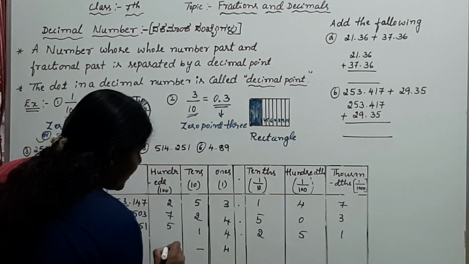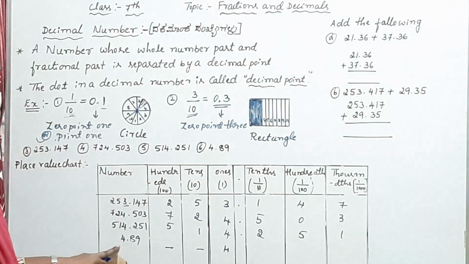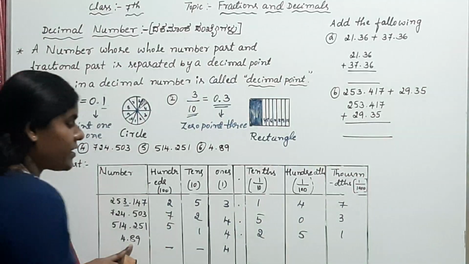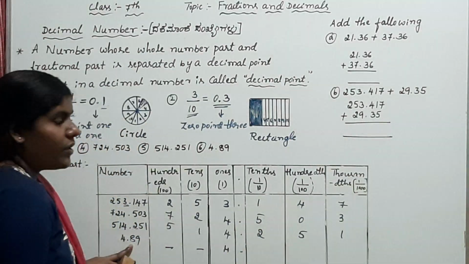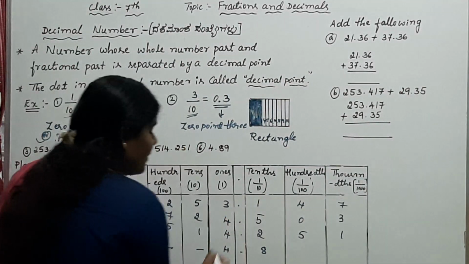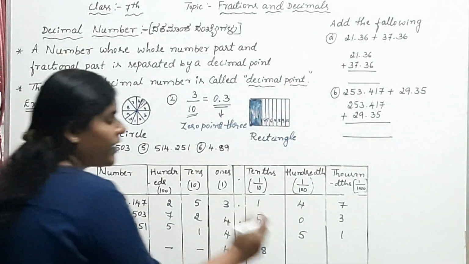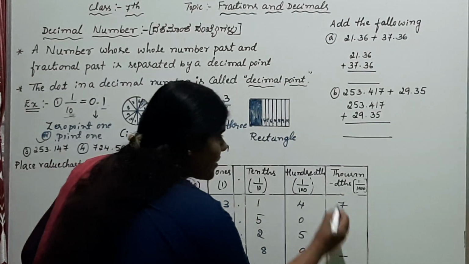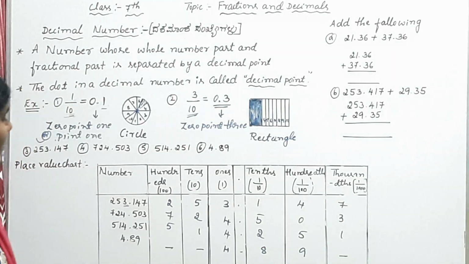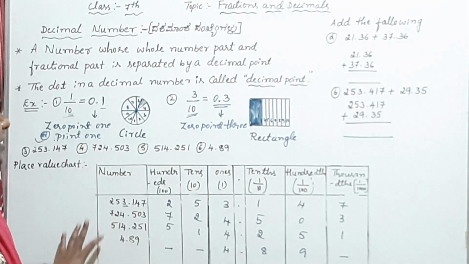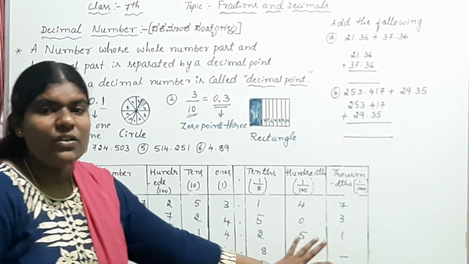Next, the remaining hundreds and tens places, you leave blank. After the decimal, the place value of 8 is tenths. The place value of 9 is hundredths. Next, 0. Whatever numbers are given, you write them in the place value chart.